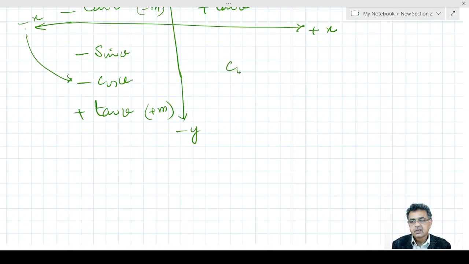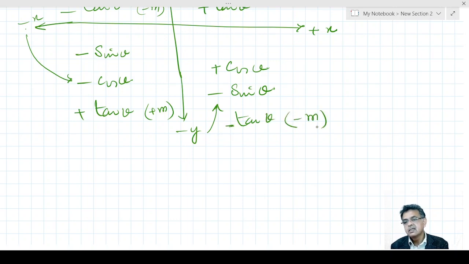Here cos theta is positive. What is the reason? Because x is positive here. And sin theta is negative because y is negative here. And tangent theta is negative, and the reason is that gradient is negative here.